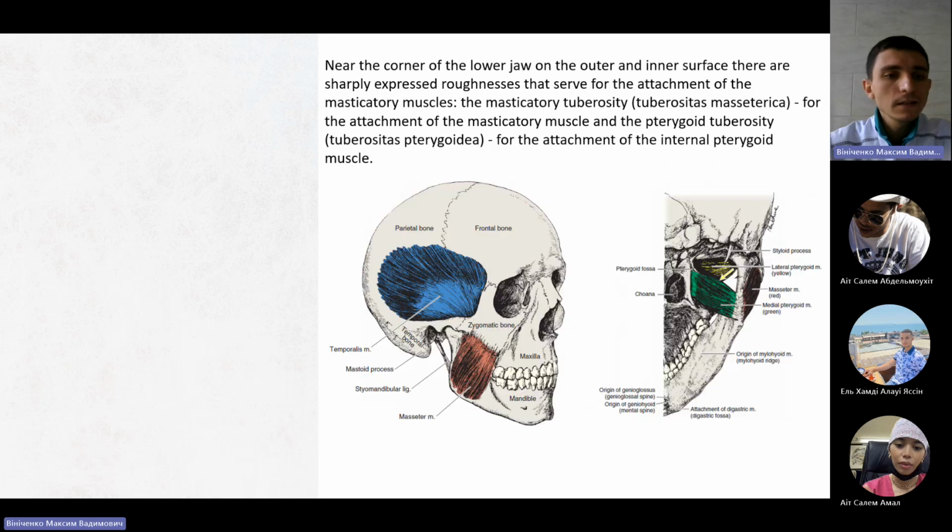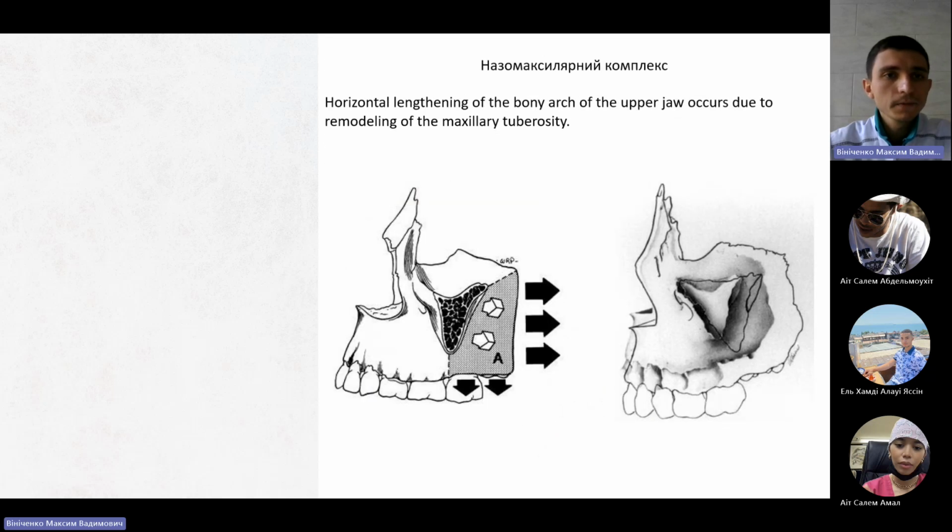Here is the nasomaxillary complex. Here we could see the horizontal lengthening of the bony arch of the upper jaw, and it occurs due to the process of remodeling of the maxillary tuberosity.